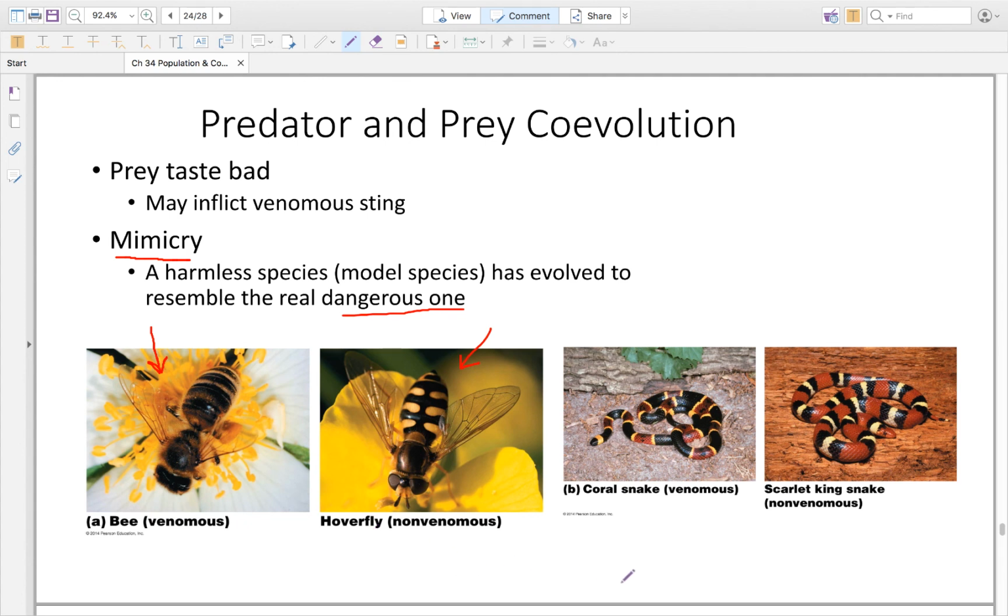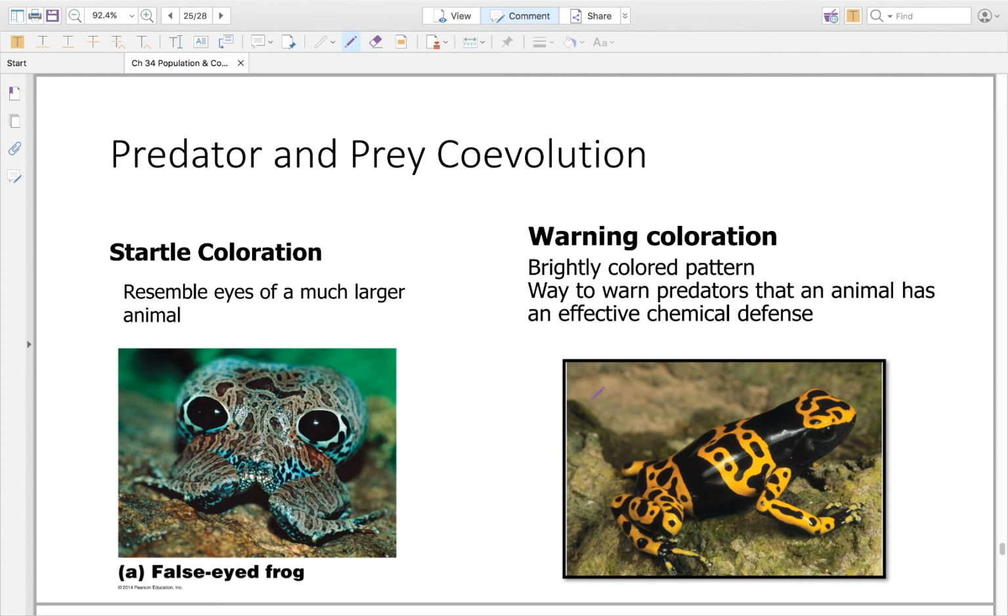Okay, these are two types of snakes. This one is venomous. This is not venomous. And they have evolved the pattern of venomous snakes. Now there's other tactics. Startle coloration. So this is the false-eyed frog. This is its back. See its little feet?